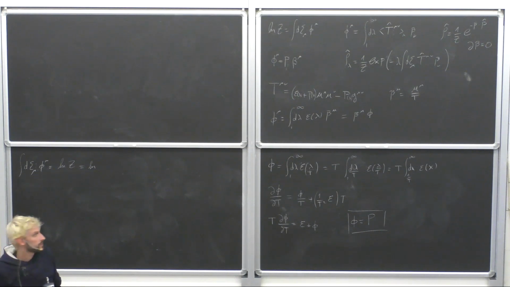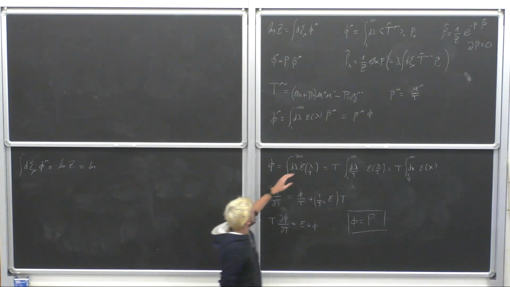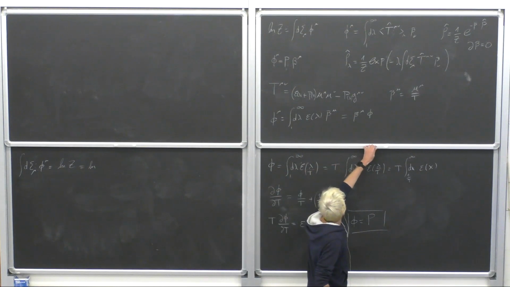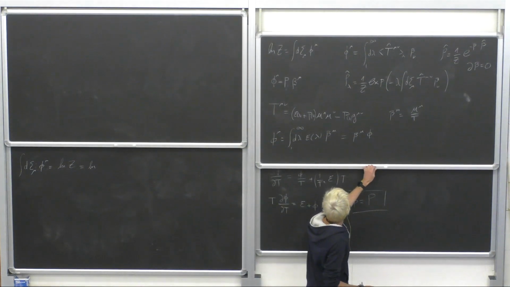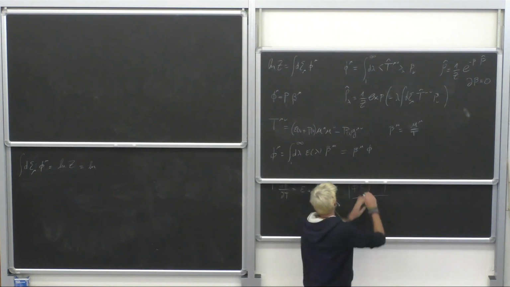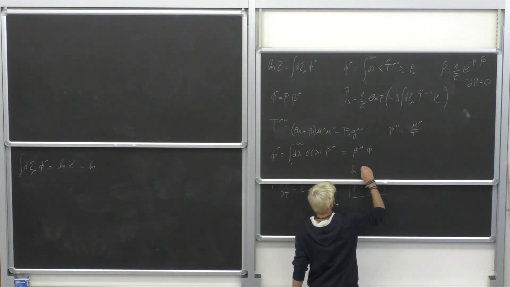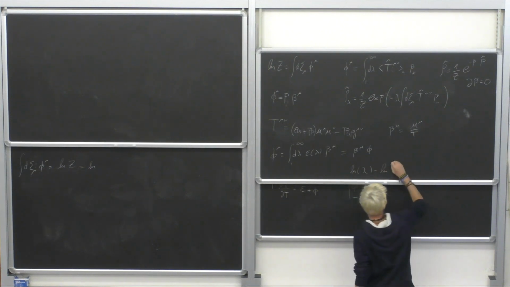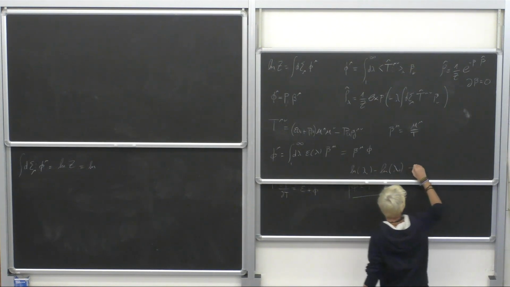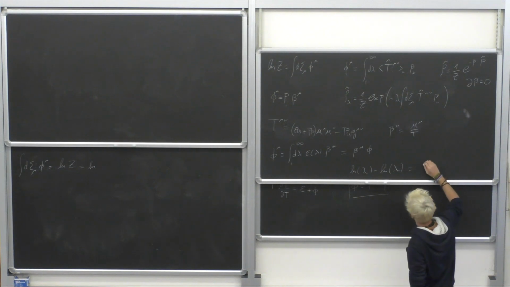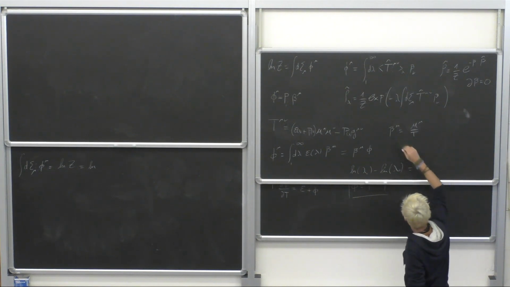You can put it to a lambda 0. But then you would get something like logarithm of lambda 1 minus logarithm of lambda 0 equals to some integral, probably that one.